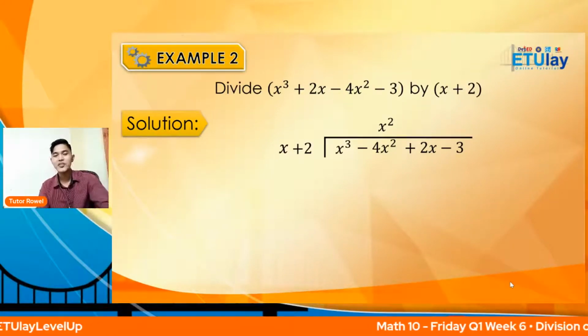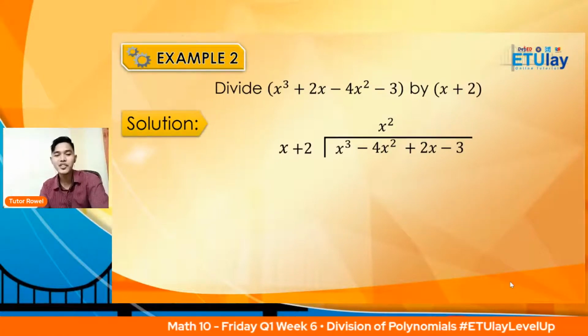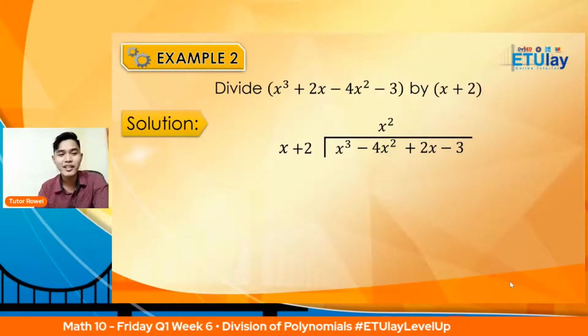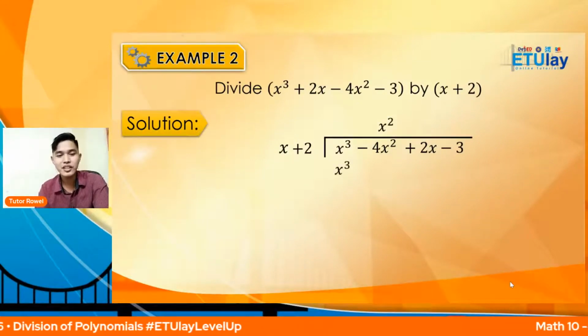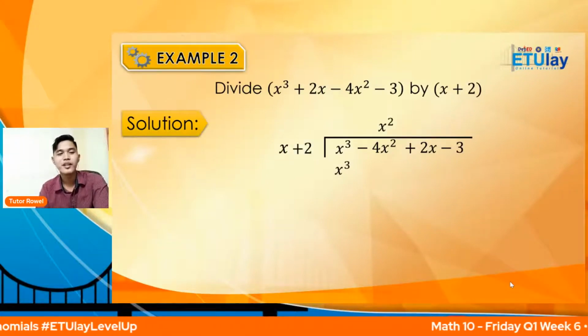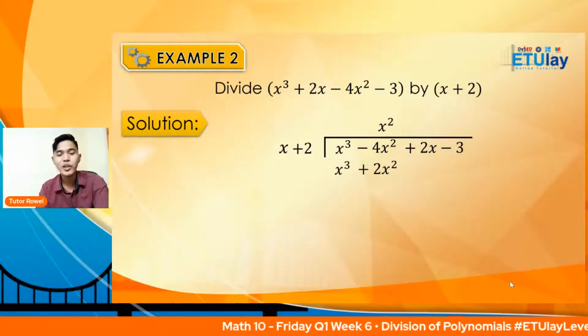Now, we are done dividing. After divide, multiply. So, x squared times x, that is x cubed. Next, x squared times 2, 2x squared. Okay, what is next? We will subtract.